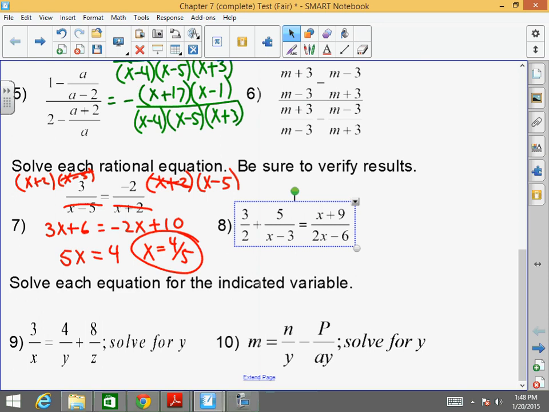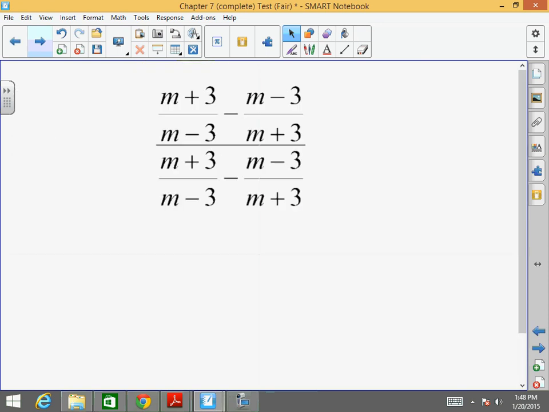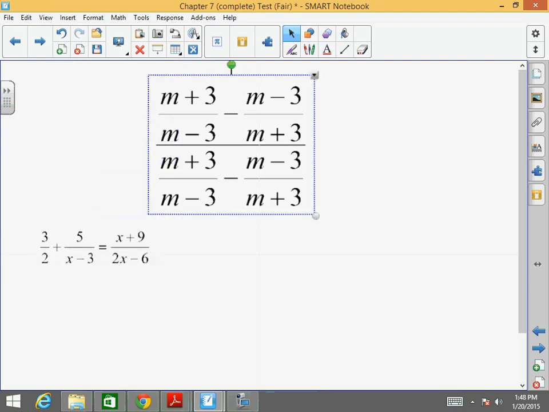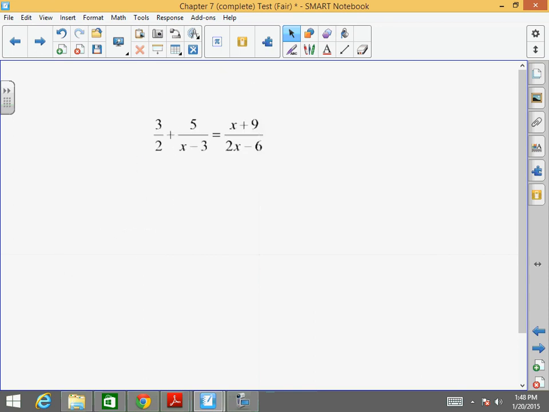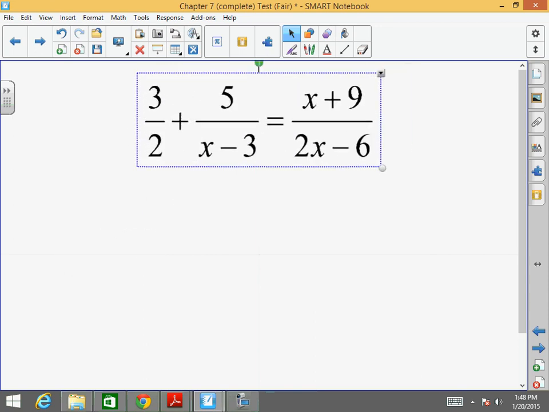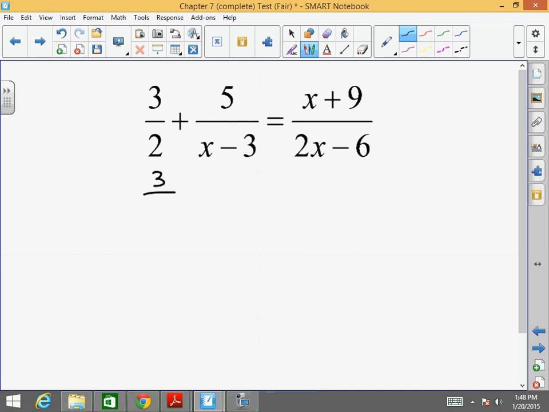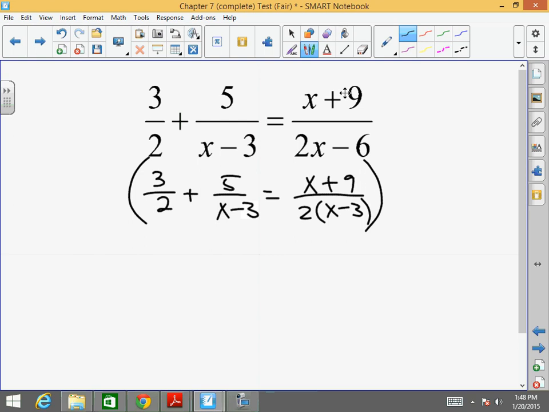Let's go ahead. This one's going to take a little bit more space. Okay, here, I'm going to first factor, because I have to factor to find the LCD. And the LCD, what I'm going to multiply to every single one of these, and actually let me just do it step by step so that there's no confusion.